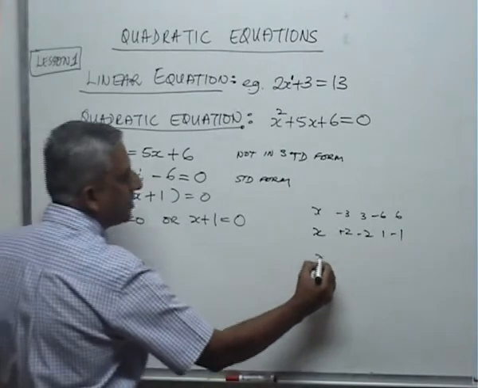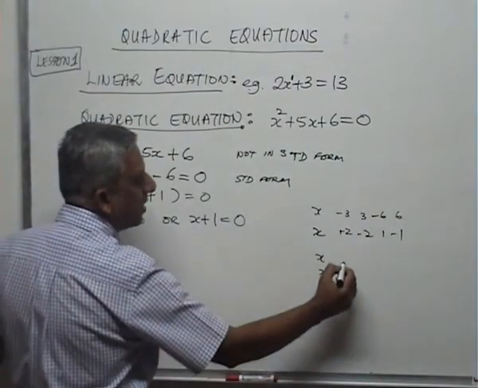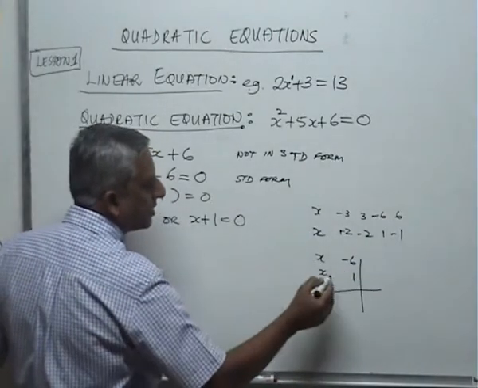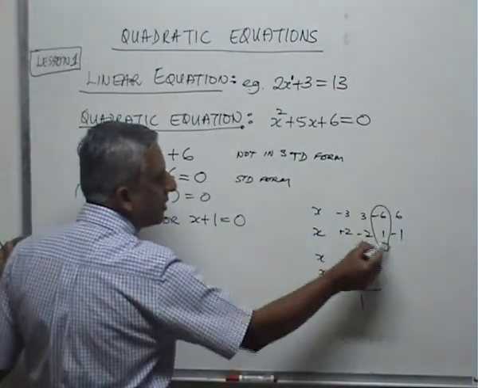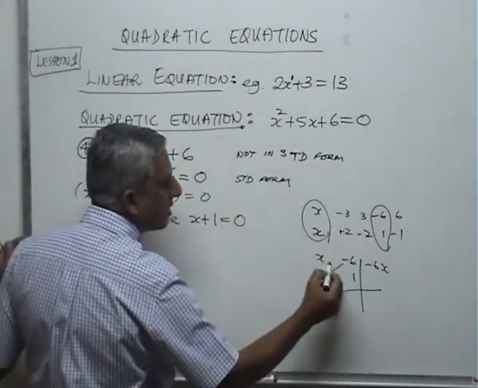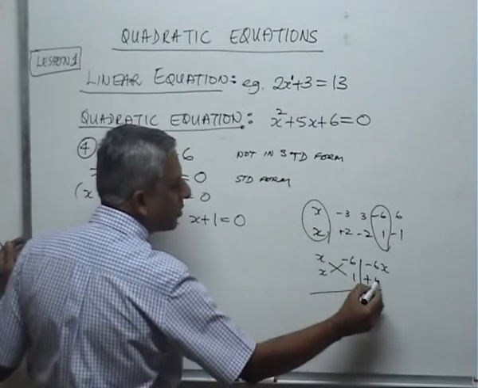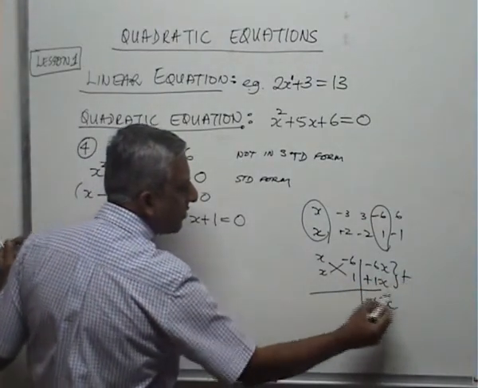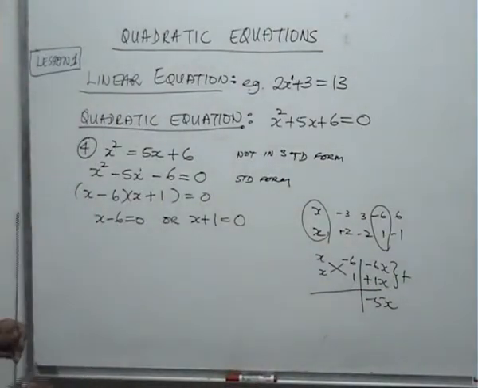So I've chosen x and x, and I've chosen minus 6 and 1. Then I get minus 6x, and then I get plus 1x, and then I add them up, I get minus 5x. So I got my minus 5x.